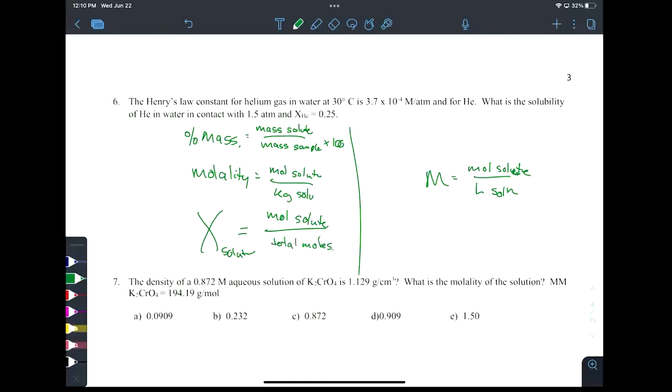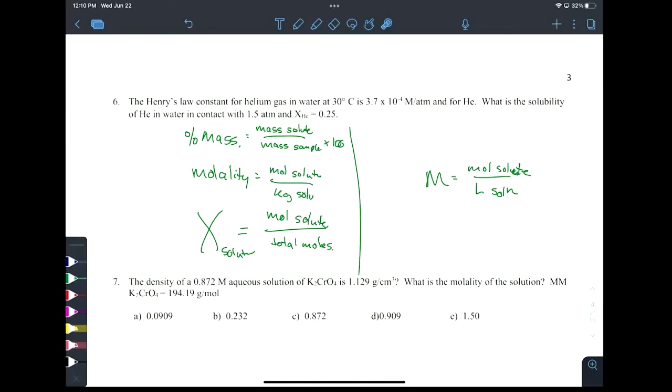Okay, so the reason I have a big line separating them is because for all of these, percent mass, molality, mole percent, when you calculate these values, you can calculate the mass or moles of your solute and solvent separately. You can treat them separately and then add them up.